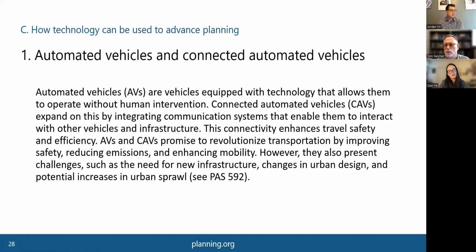I think we see a degree of intervention somewhere along the line. Obviously, there isn't complete autonomy, but connected autonomous vehicles expand on this by integrating communication systems that enable them to interact with other vehicles and infrastructure. This connectivity enhances travel safety and efficiency.